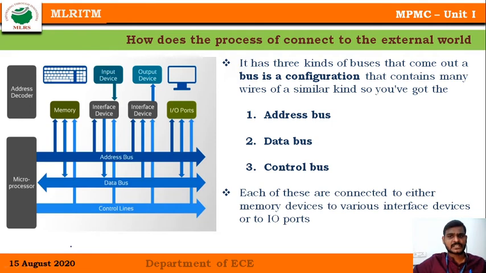Each of these buses is connected either to memory devices or to various interfacing devices or IO ports, because if I want to interact with the processor, these are the requirement. Not only the memory devices, but it can also interact with the interfacing devices or IO ports.